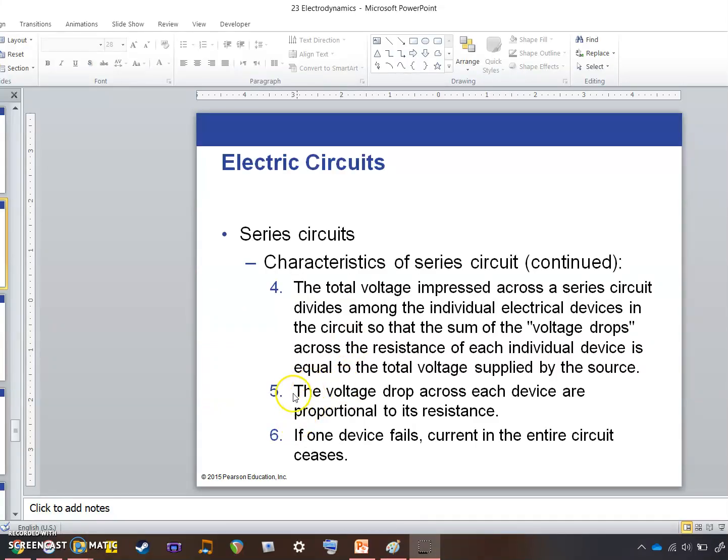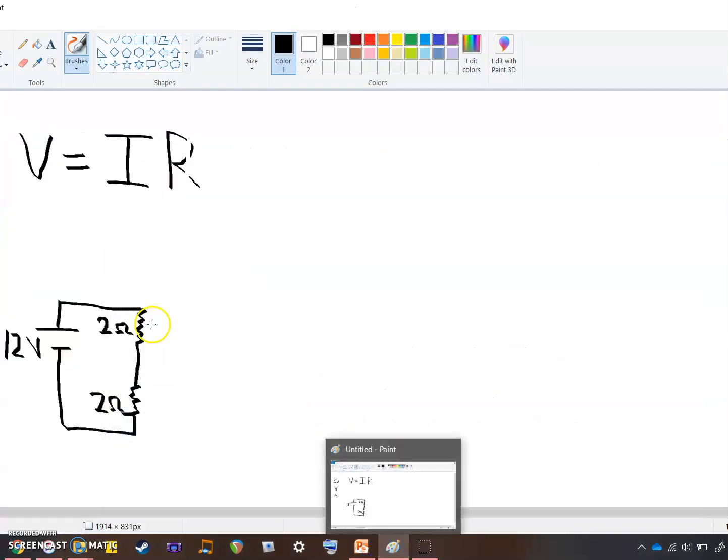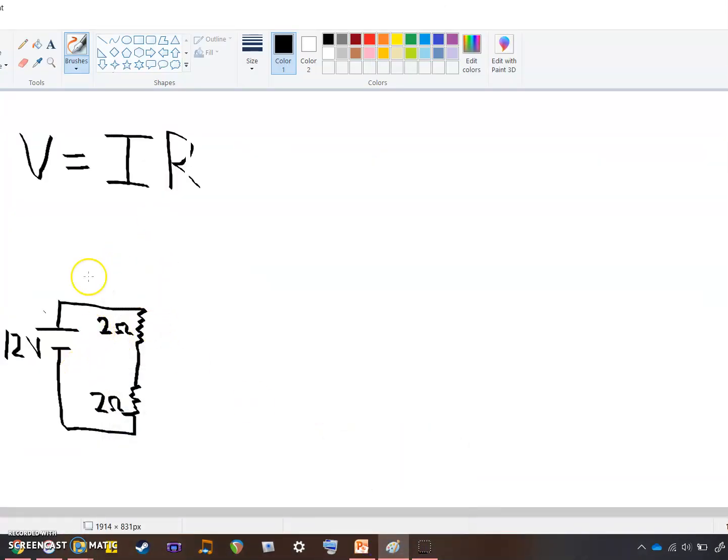Alright, so looking back here, number 5, the voltage drop across each device is proportional to its resistance. So the voltage drop actually depends on what the resistors are. So here we said that all the resistors were the same resistance. But what if they weren't all the same? What if this one was 2 ohms, and this one here was 1 ohm?